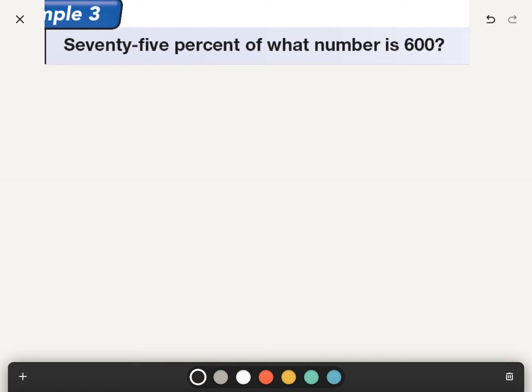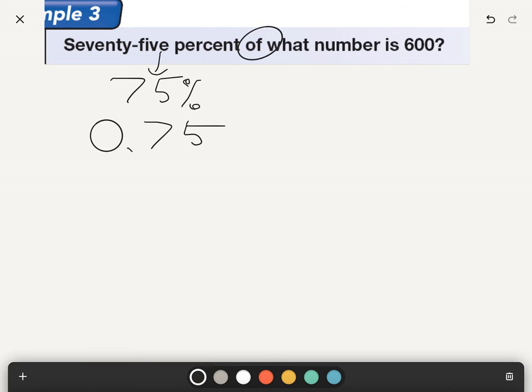I'll just go straight to the chase here. This would go down to here, but we can't really work with that very well, right? So let's convert that to a decimal by dividing it by 100, or dividing it by 100%.